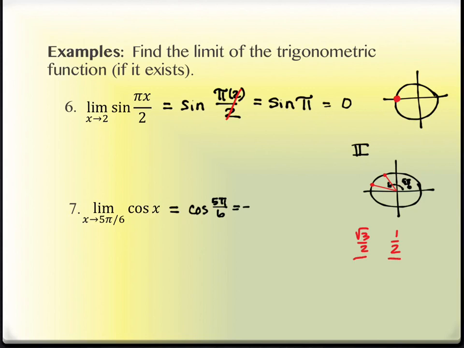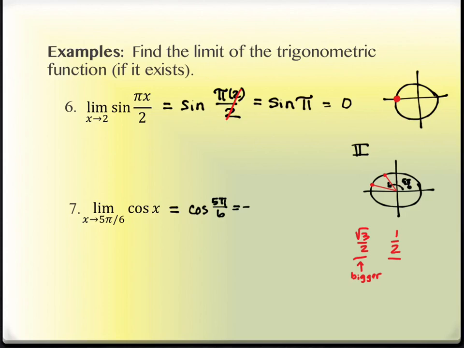Do you know which one of these is bigger? Square root of 3 over 2 is bigger. How do you know? Square root of 3 is bigger than 1, because the square root of 1 would be 1, right? So this is the bigger one.